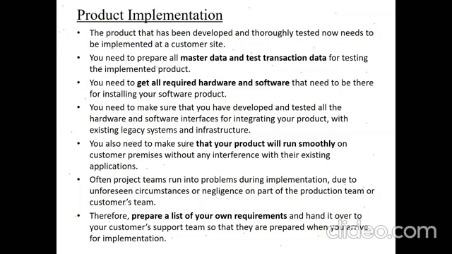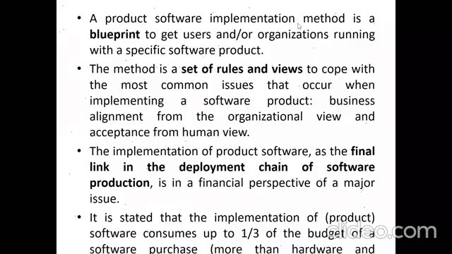And the next one is it is better to prepare your own checklist, so that when you are implementing on the customer side, you will know what the challenges are. You can have a note of challenges you can face at the customer premises. So in general, a software implementation is nothing but a blueprint, so that the users can run and see.